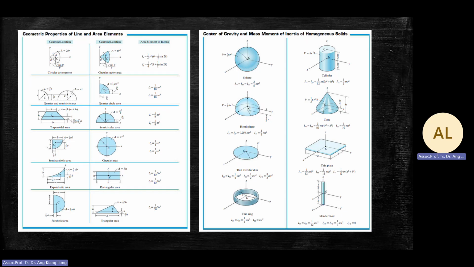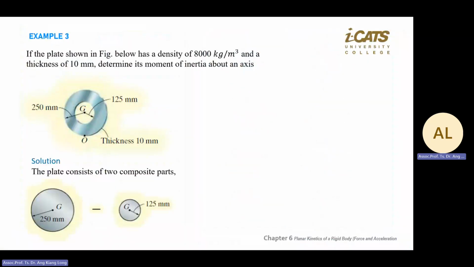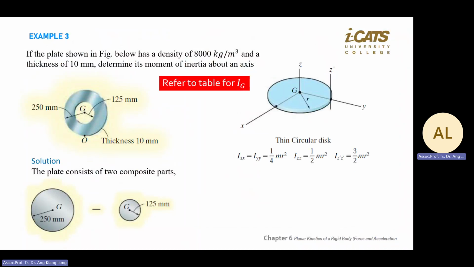Here you have two components. One is the Ig, this one, for half mr square. You have two objects, a big one and a small one, so your R value will be different.